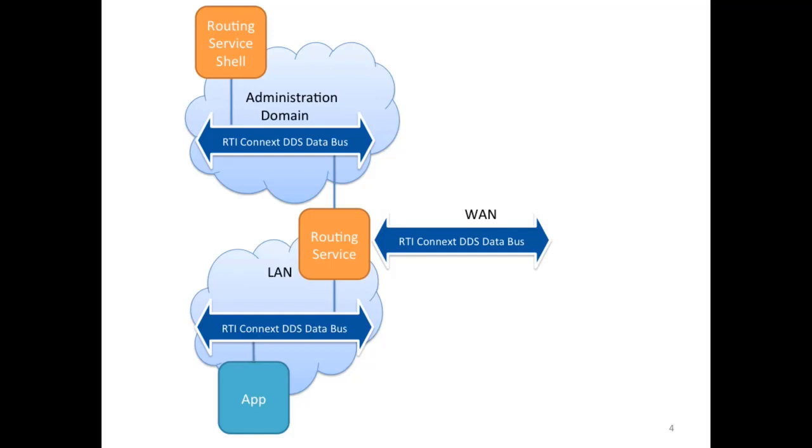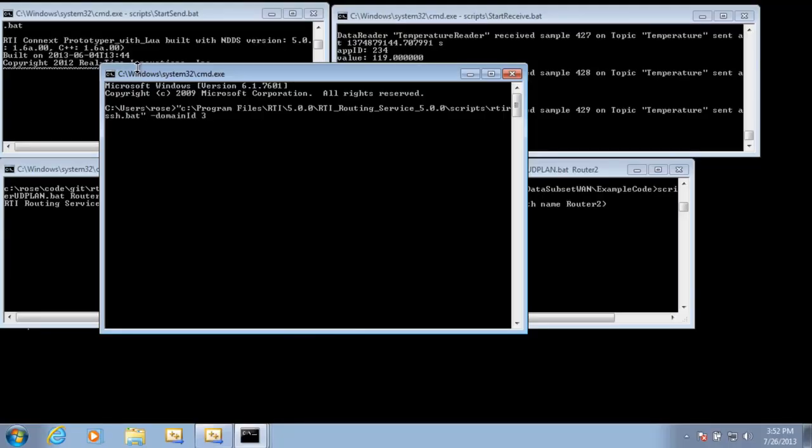So here, over the same local area network, but in a logically different domain, the routing service shell is going to be sending commands to the routing service in order to update that content filter at runtime. In this example, the domain ID for the special administration domain is 3, so I'm going to pass that as a parameter to the routing service shell. So we've started the shell, it's acting in the proper domain.